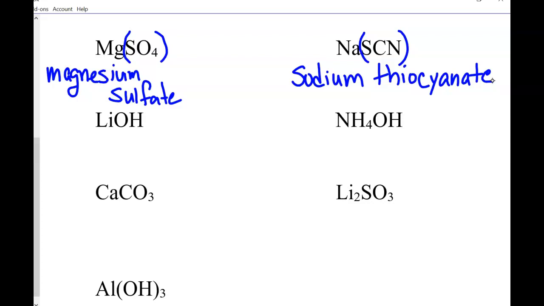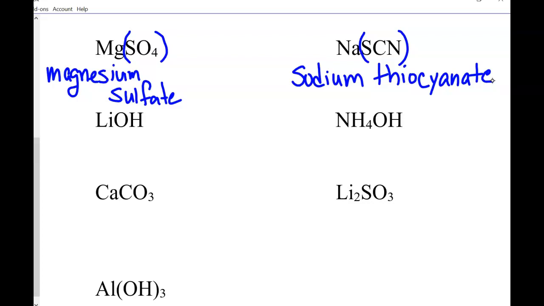Thio actually means sulfur. All right, so go ahead and copy down the other compounds containing polyatomic ions: LiOH, NH4OH. Ooh, this one is special. It contains 2 different polyatomic ions. That's a little tricky. CaCO3, Li2SO3, and Al(OH)3.